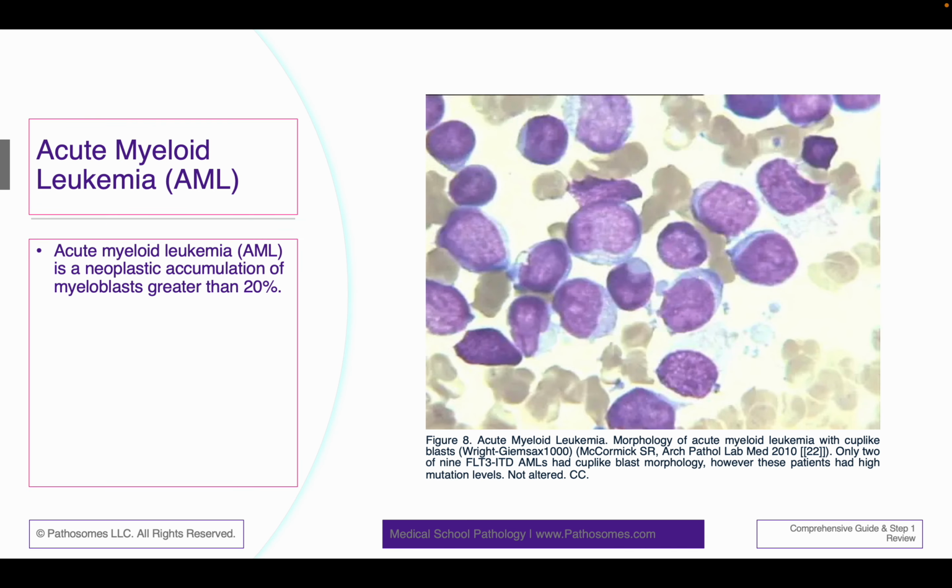Acute myeloid leukemia is a neoplastic accumulation of myeloblasts greater than 20%, as you know, 20% in the bone marrow. To the right here, we have an image showing acute myeloid leukemia.